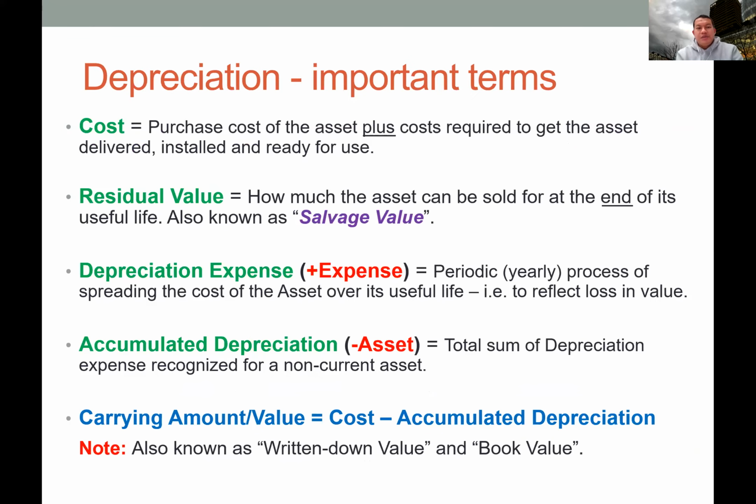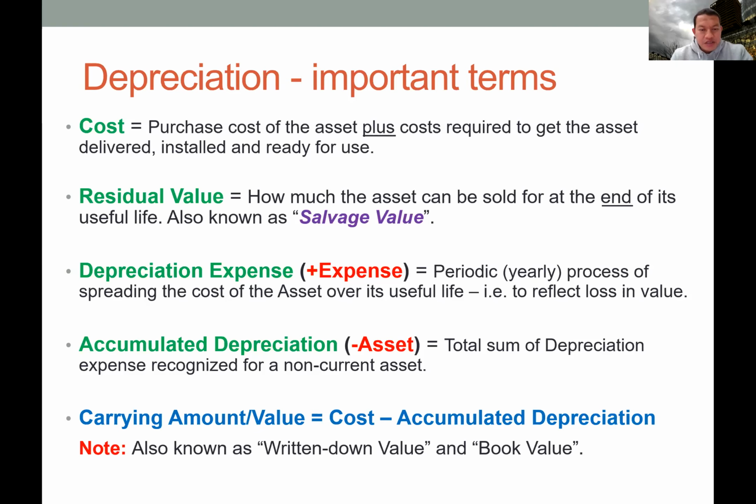Okay, this is the depreciation. So some terms that we should remember when we talk about depreciation. First is the cost, which is basically the acquisition cost. And then the residual value. So the company should estimate the salvage value or the residual value of an asset at the end of the economic life. The remaining value of the asset should be estimated before we calculate any depreciation.